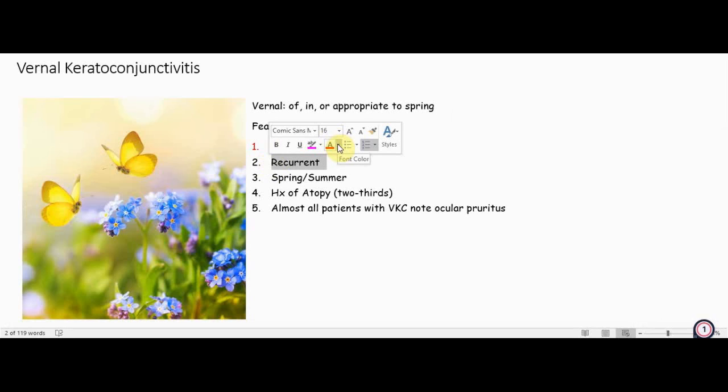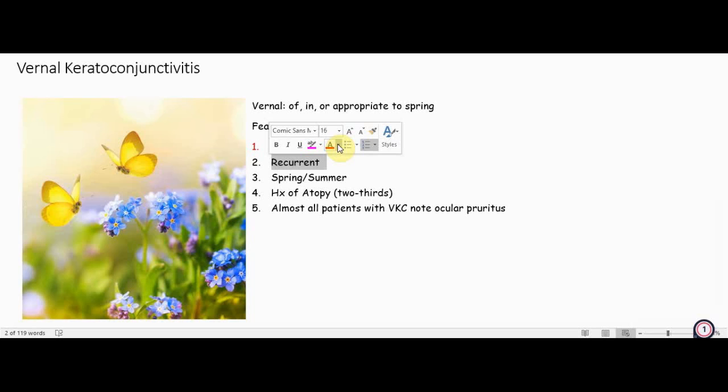It will be mentioned that last year or the year before that the boy presented with a similar complaint, and if they're being especially nice to you, they will mention that the boy presented with similar pathology last summer or last spring. There is a definite association between the occurrence of this pathology and springtime as well as summertime or any climate associated with a lot of heat.